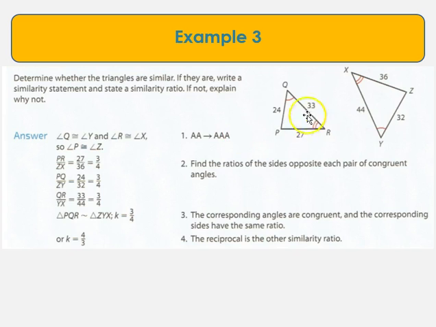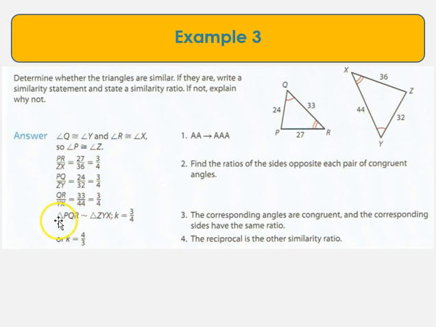Now, if this set of triangles here is going to be similar, the other sides will also have to equal 3/4. So they compared PQ, which is no marking to 1 marking, which would be ZY, no marking to 1 marking. PQ is 24, ZY is 32, and 24/32 is 3/4. And QR, 1 marking to 2, would be YX, 1 marking to 2, and that's 33 over 44, which equals 3/4.